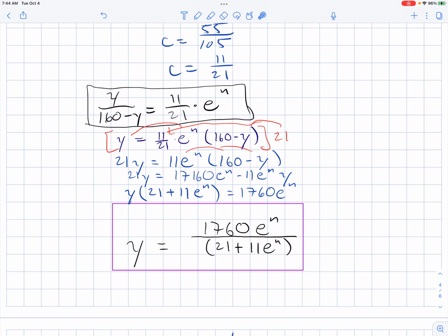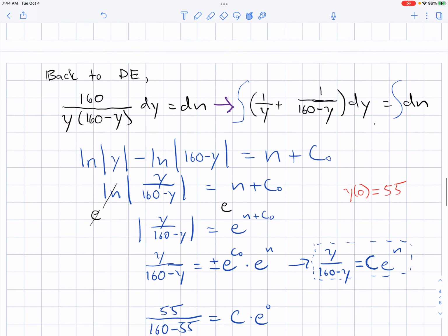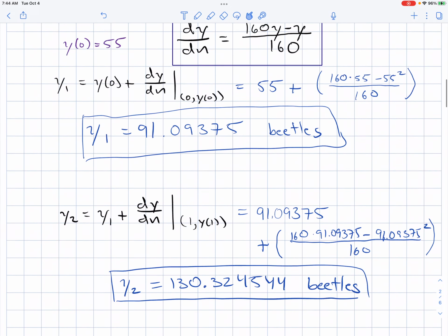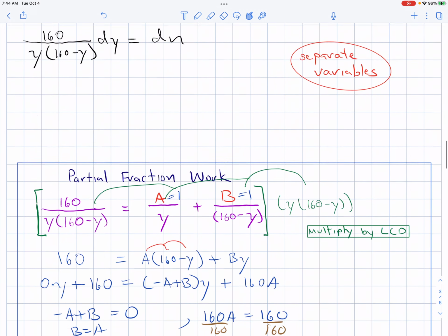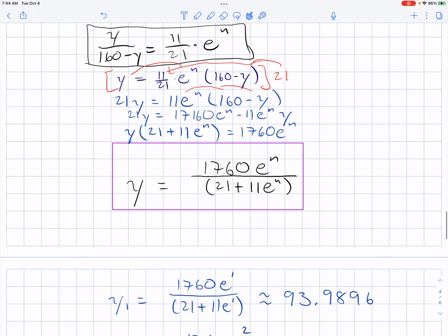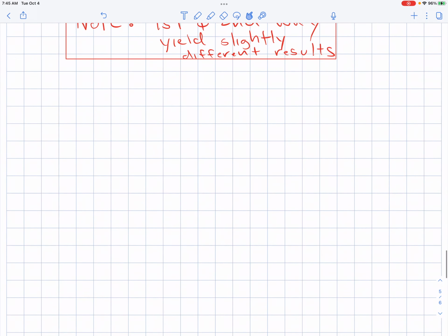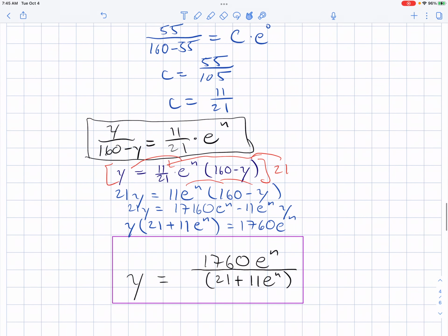And then finally, because you probably already forgot what we were doing, because I did, we are looking at beetles, right? Beetles, their population, each generation as n equals 1, 2, and 3. So again, we have solved, we got the exact result of what the population would be.